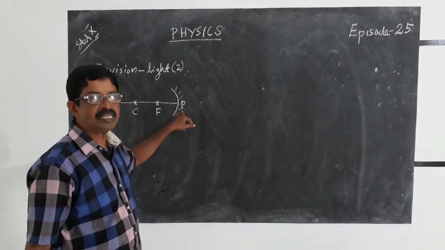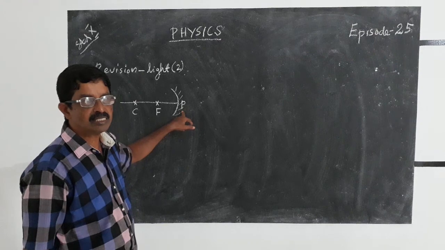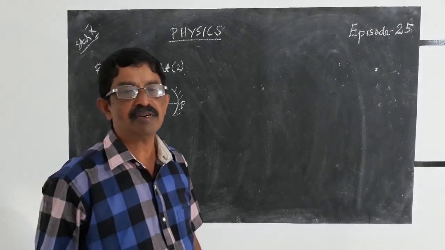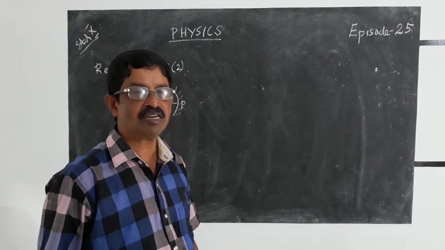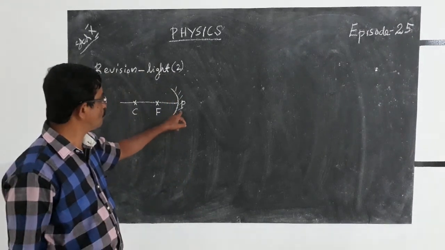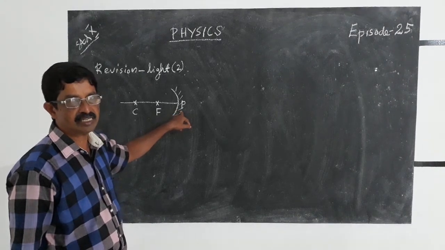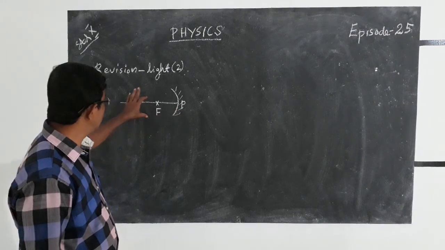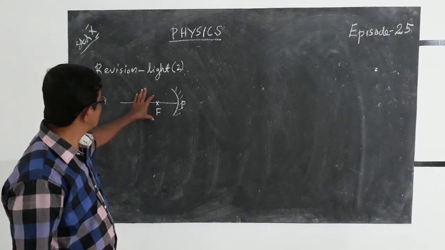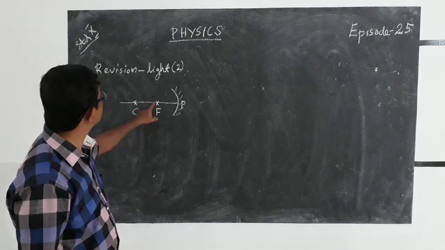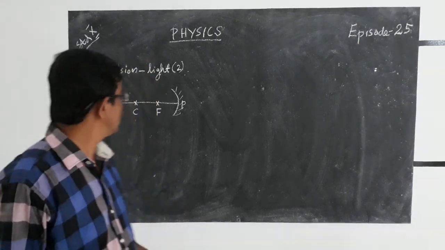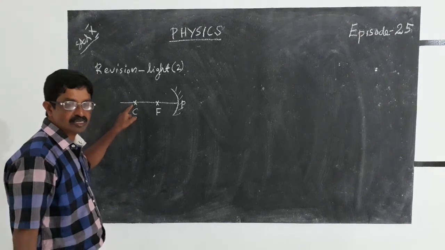The point P is the midpoint of the mirror, and what is it called? It is called the pole of the mirror, that you know. Then this is the point we call the principal focus, and this is the center of curvature.